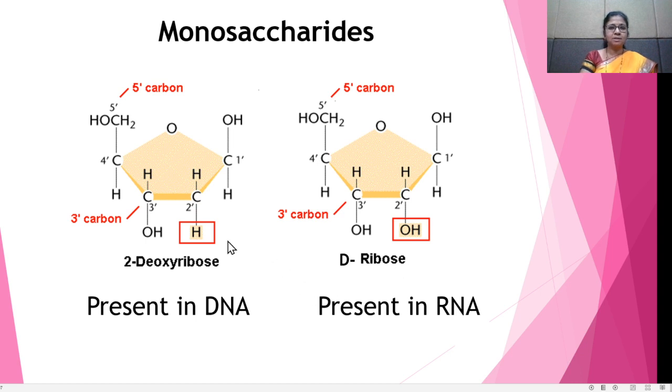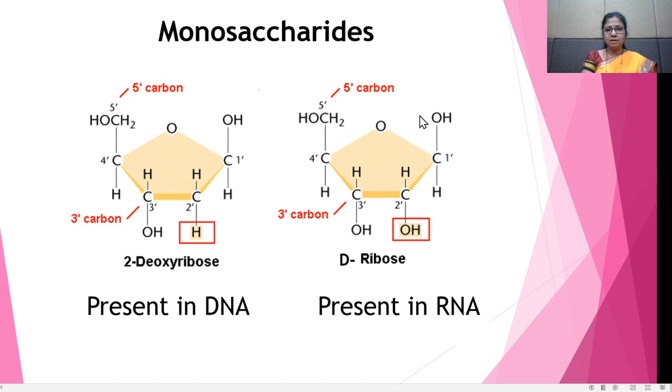See here the structure of ribose sugar and deoxyribose sugar. The sugar's carbons are numbered 1 dash, 2 dash, 3 dash, 4 dash and 5 dash. This one is the 3 dash carbon, and this is the 5 dash carbon.